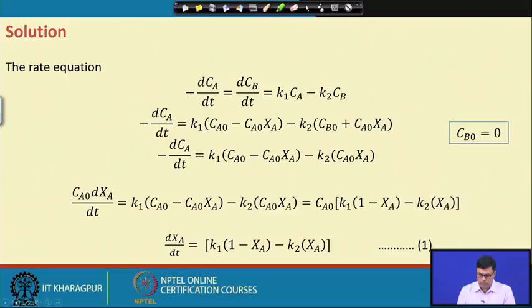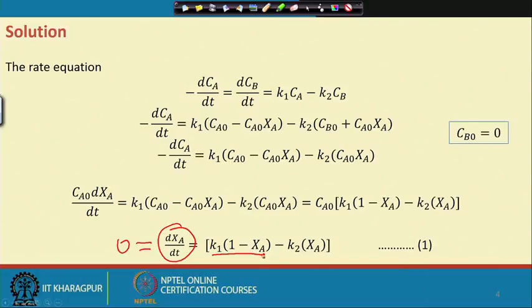Now, we can see it here that this is equal to 0. Am I right? If this is equal to 0, then we can write this k1 into 1 minus Xa, and this Xa we can mark it Xa E. E means equilibrium condition.